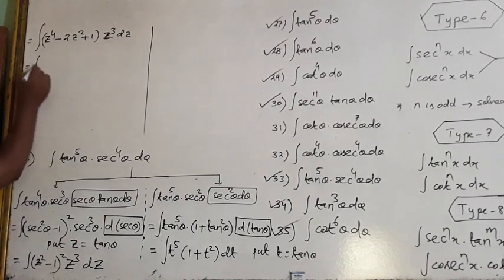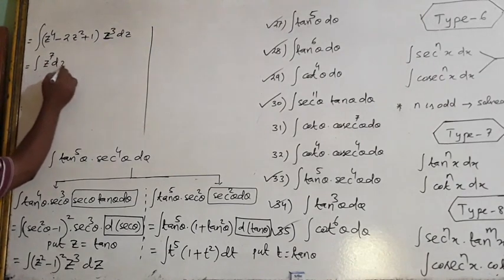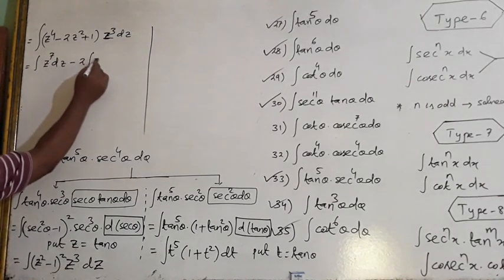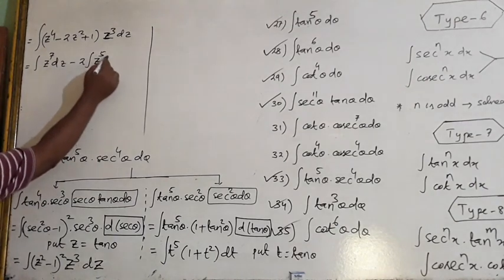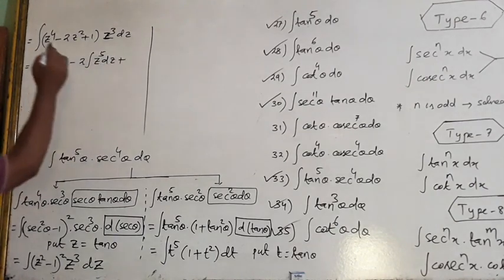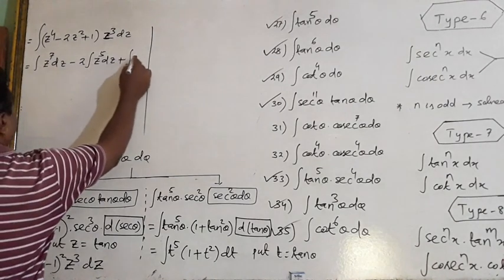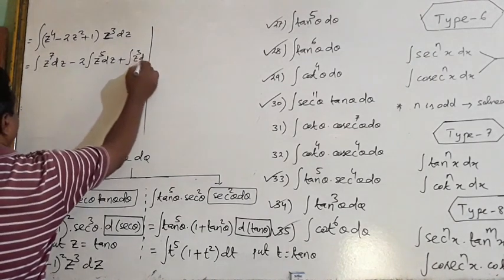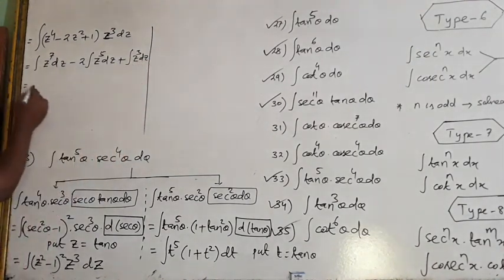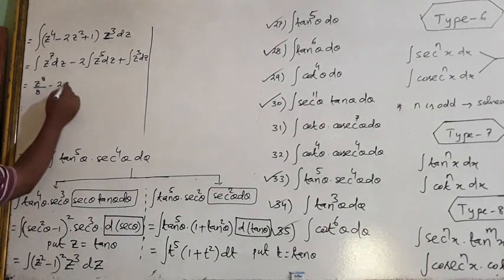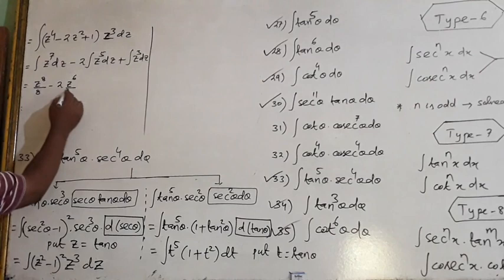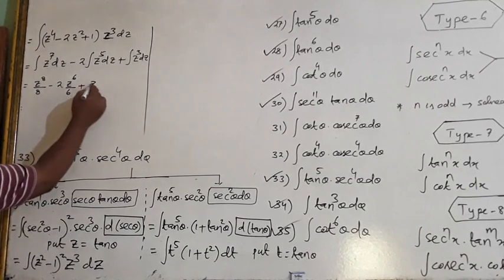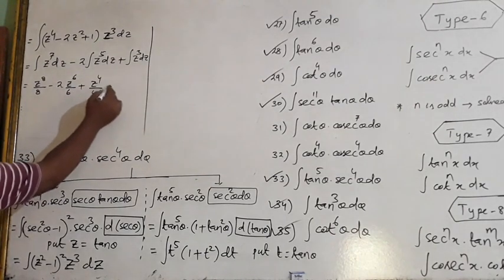Okay. Now integration. It becomes integration of z to the power 7 dz minus 2 z to the power 5 dz plus integration of z cube dz. Now the integration result is z8 by 8 minus 2 z6 by 6 plus z4 by 4 plus c.